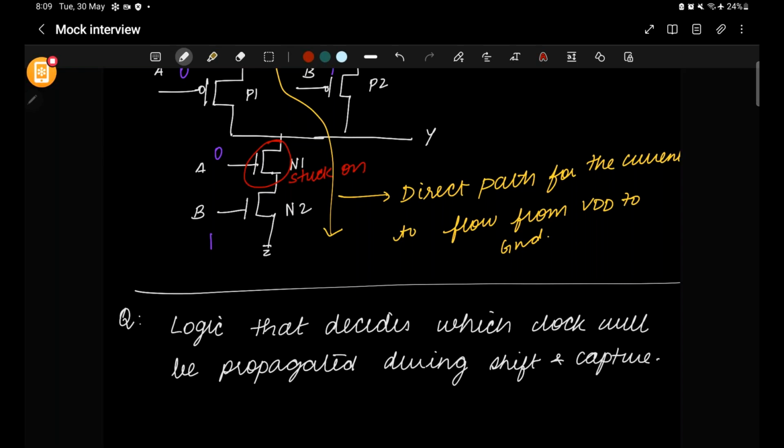Okay, I can just draw a diagram and you can try to explain. Which logic? The logic that decides which clock has to be propagated during shift and capture. Just that particular logic is sufficient.